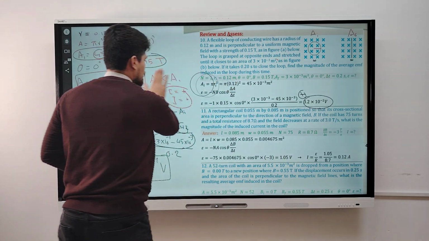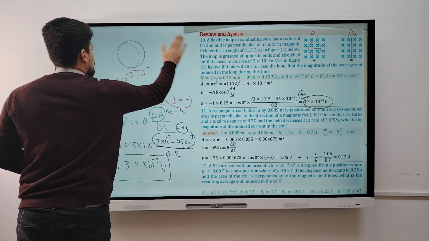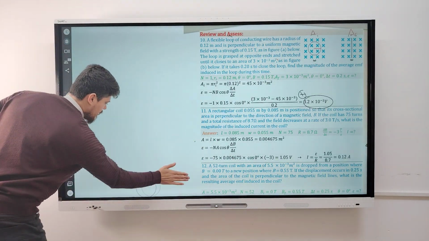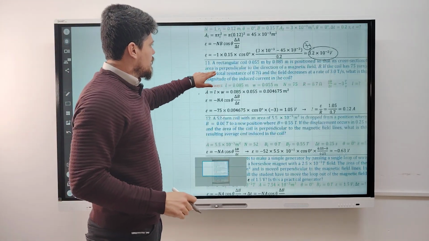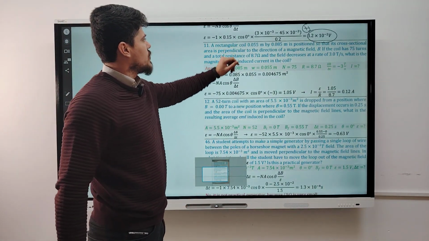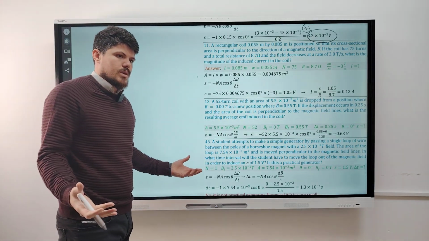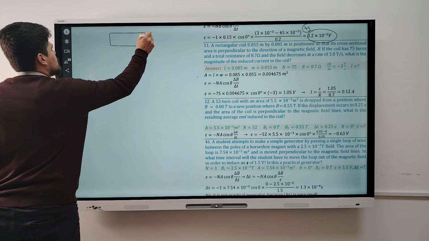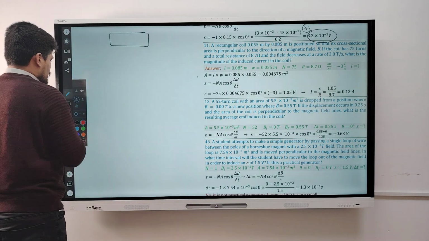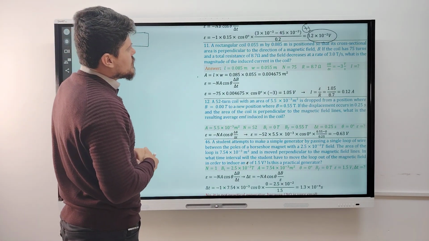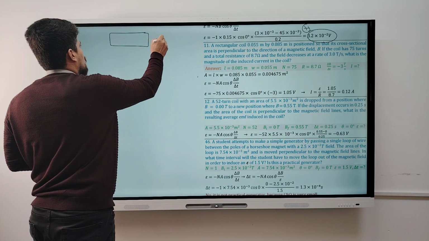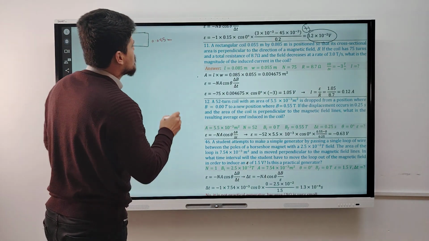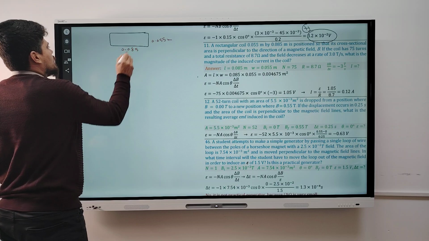Okay? Question 11 from the chapter review. In question 11, look, a rectangular coil. What do you mean by rectangular coil? It means that the shape of the coil is rectangular. It's like that, okay? What is this? This is a rectangular coil, with the sides that are given: 0.055 meter width, and its length is 0.085.